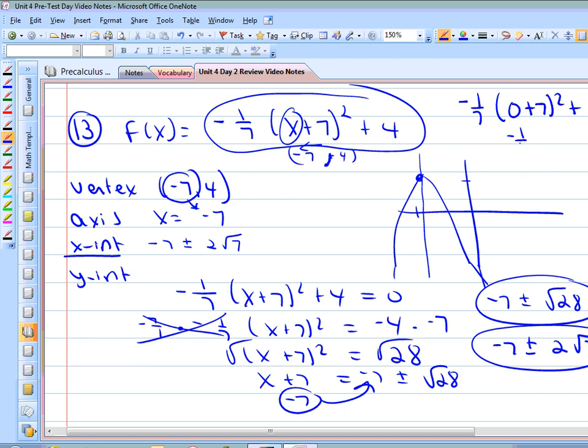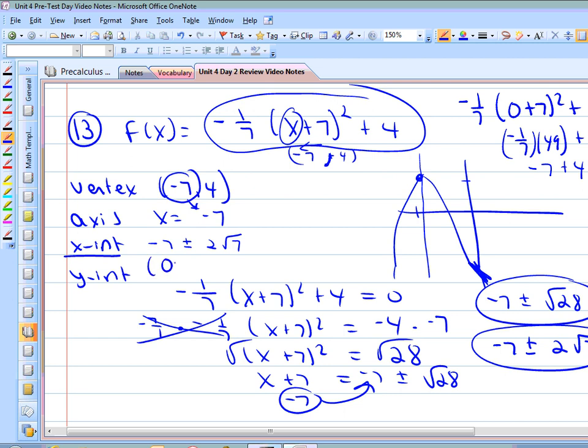So we have negative 1/7 times 49 plus 4. Well, negative 1/7 times 49 is going to give us negative 7. So negative 7 plus 4 would give us negative 3. Our y-intercept would be negative 3, and that makes sense. Remember, I said it would be down here.